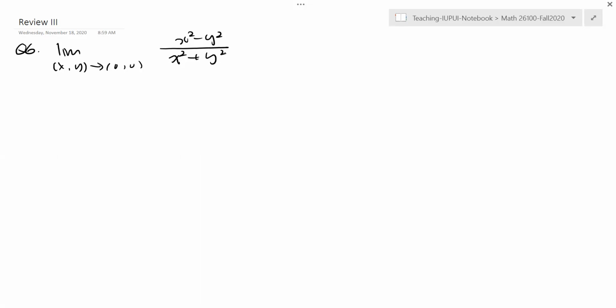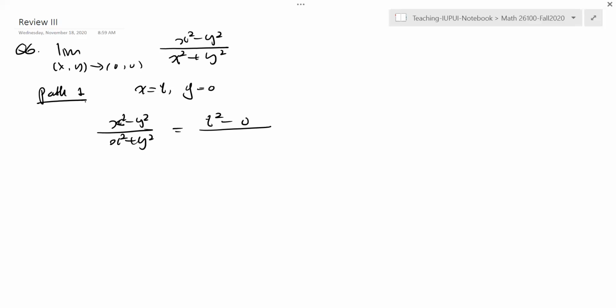Try the first path, x equals t, y equals 0. Along that path, (x squared minus y squared) over (x squared plus y squared) is t squared minus 0 squared over t squared plus 0 squared, which is always equal to 1. It approaches 1 as t approaches 0.